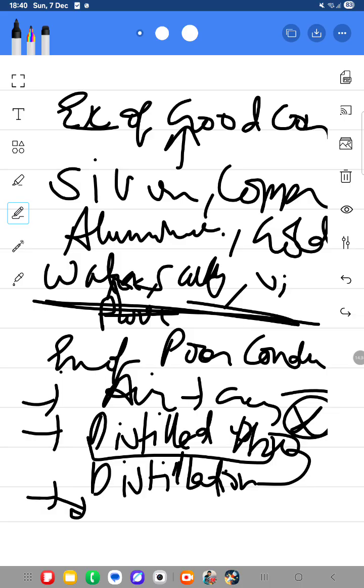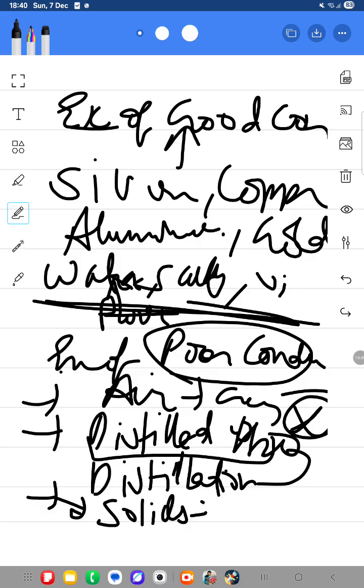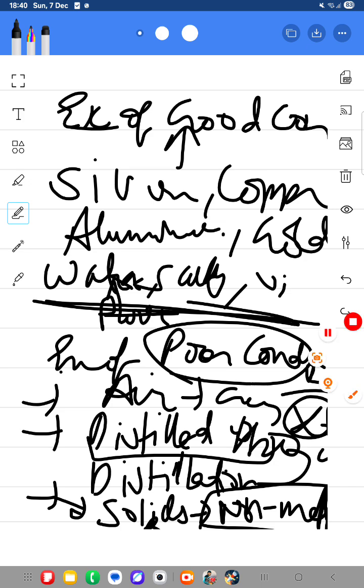And in terms of solids, mostly all non-metals are poor conductors of electricity. But we can say rubber, plastic, glass. These are poor conductors of electricity.